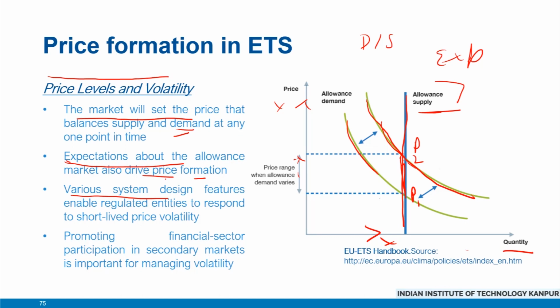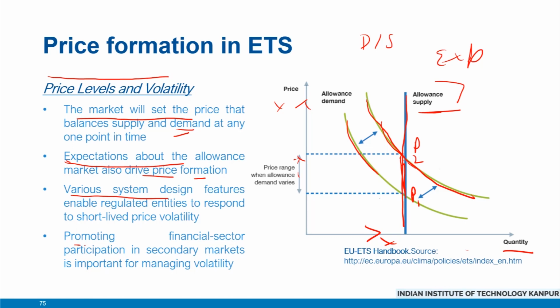In general, moderate price volatility is not a serious concern for regulated entities and policymakers and can be managed if financial market instruments such as options, futures, and other hedging products, as we have discussed in the previous videos, are available, similar to other commodity markets. In other commodity markets also, these products are used to manage volatility and avoid risk.